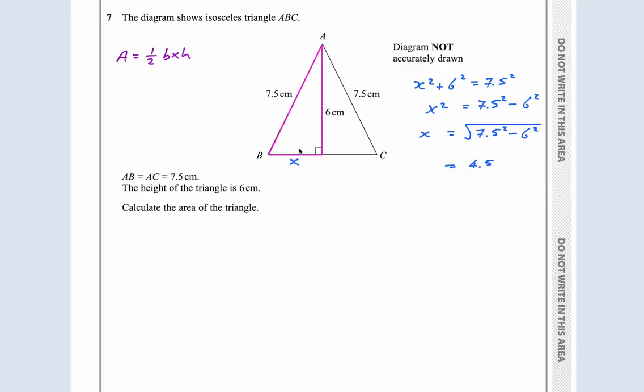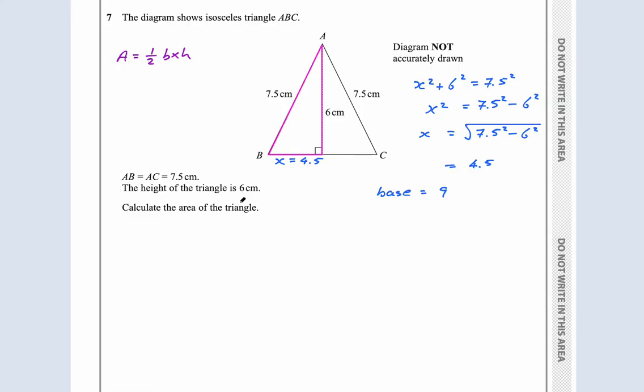Now, x is 4.5, but the base is then 2x. So the base equals 9, because if this is 4.5 and this is 4.5, 4.5 plus 4.5 is 9.